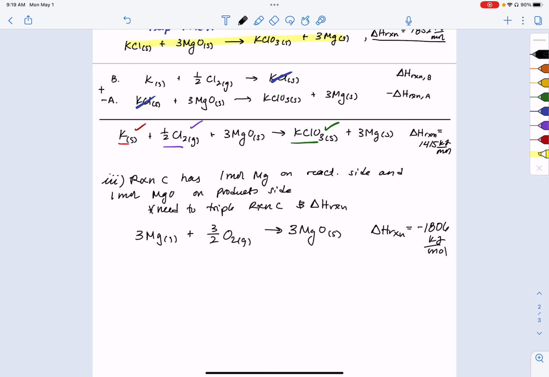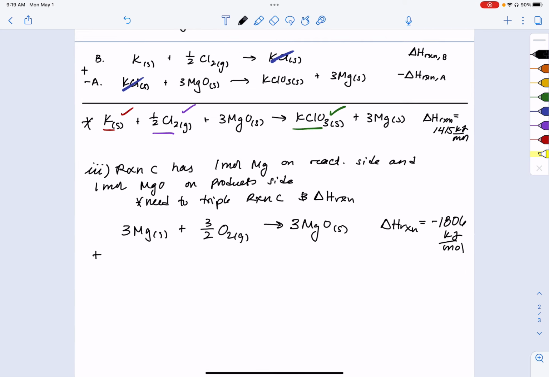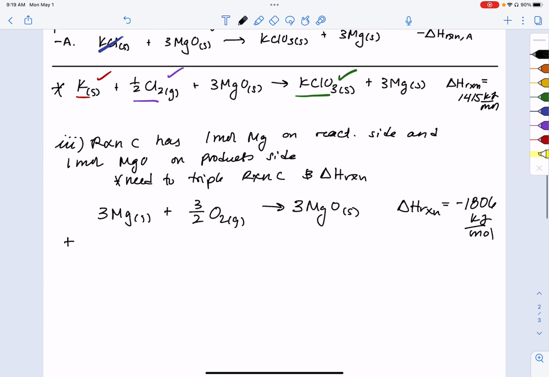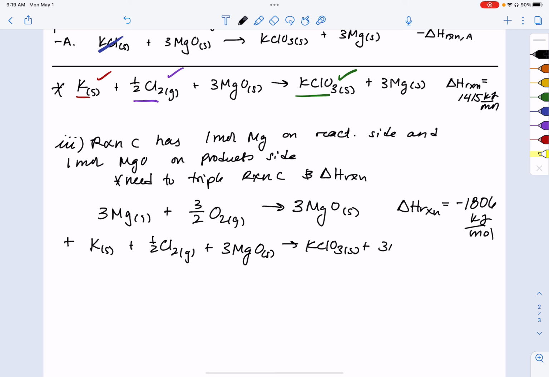And let's look at this with our result from up here. So we now have solid potassium plus 1/2 Cl2 plus 3 MgO goes to KClO3 plus 3 MgS, and we had the heat of this reaction calculated to be 1,415 kilojoules per mole, positive.